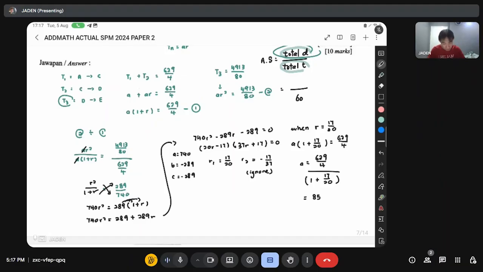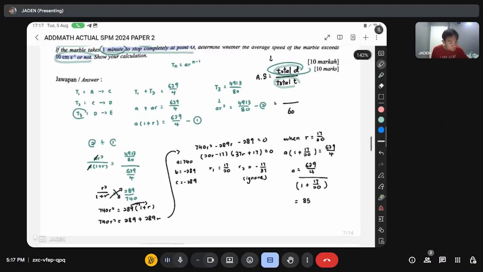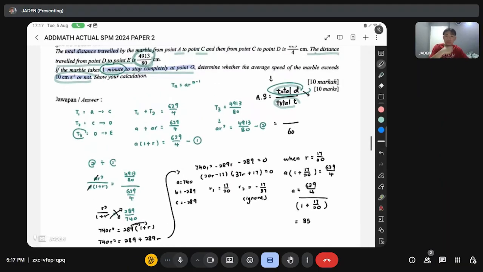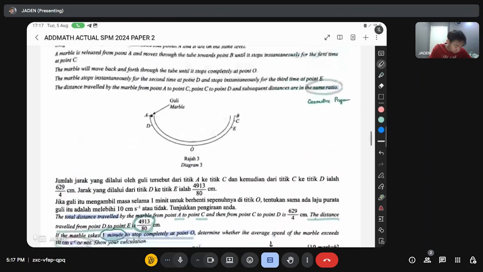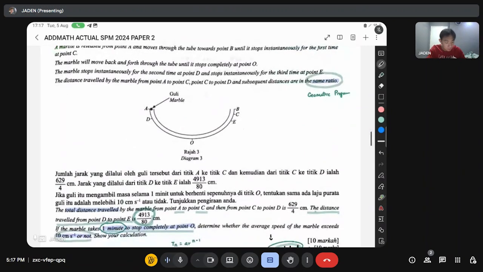Now the next step is, how do we get the total distance here? Because we have to calculate A to C, and then C to D, and then D to E. So it's going to go in the same process, same pattern until 1 minute.